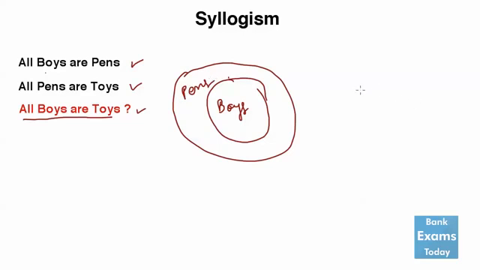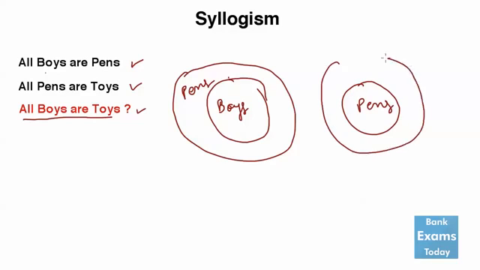And all the pens are toys. So understand this. All the boys are pens. All the boys are part of the bigger circle, that is pens, and all the pens are part of the bigger circle, toys. So we can combine this.